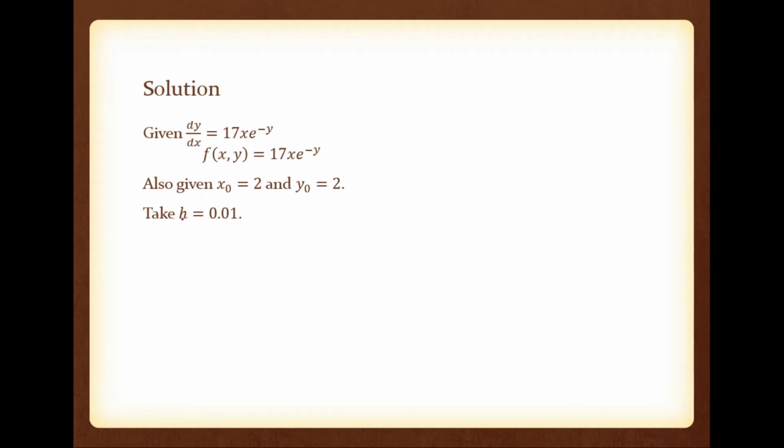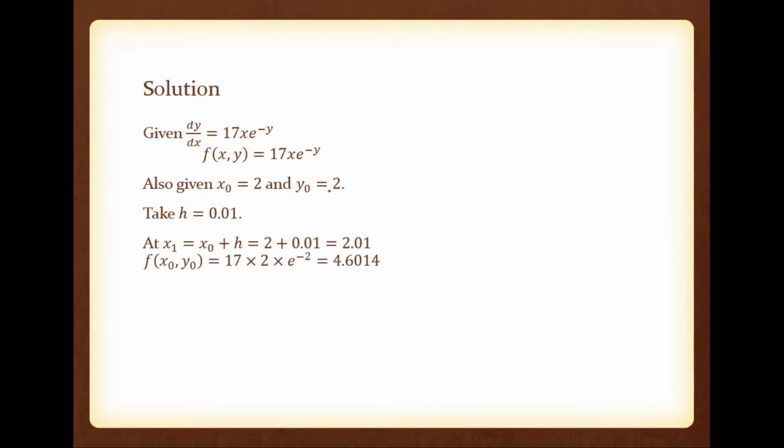Is it okay? So if h is equal to 0.01, then what is the next value of x? That is x1 equal to x0 plus h, that is 2 plus 0.01, that is 2.01. Now, what is f of x0 comma y0?